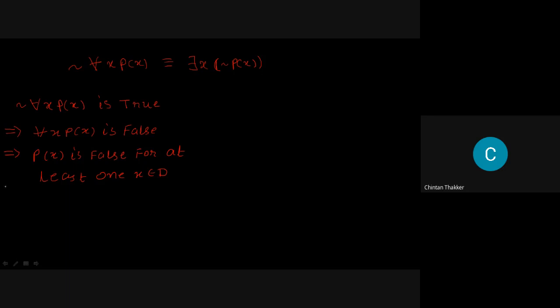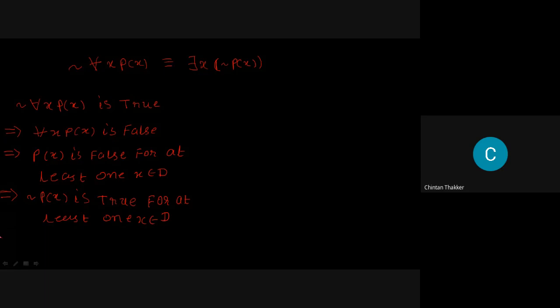That means P(x) is false for at least one x belongs to D. That means the negation of P(x) is true for at least one x belongs to D.